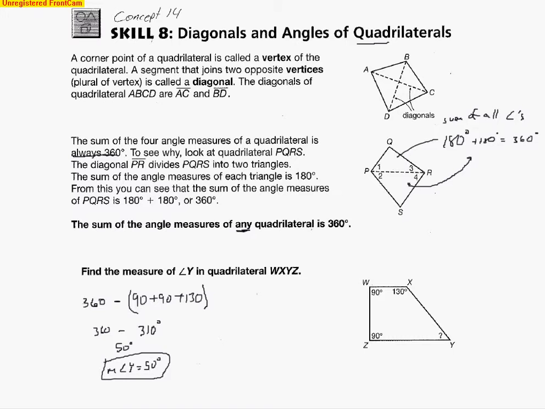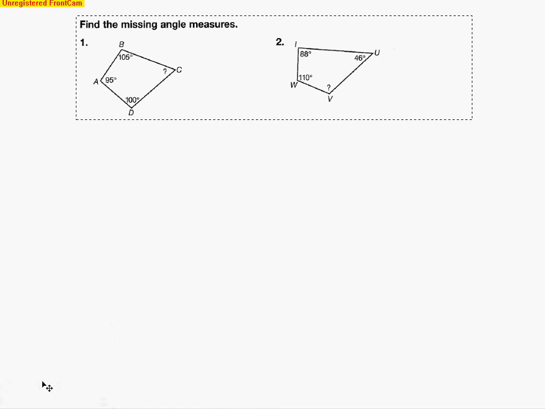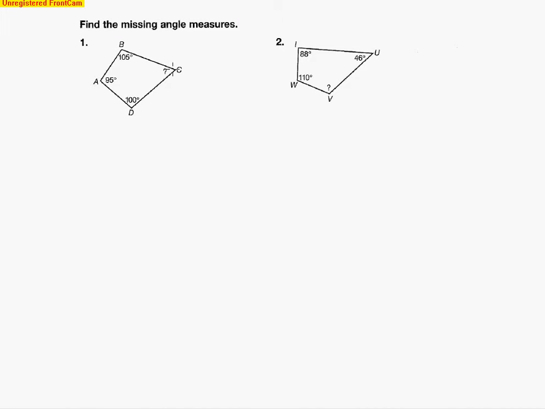Let's take a look at a couple other examples. Here we have another one in which three angles are given to us, and we're trying to find the measure of angle C. We're going to take the angles that we have, 105 plus 95 plus 100, add up all of those angles, and subtract that sum from 360 degrees.